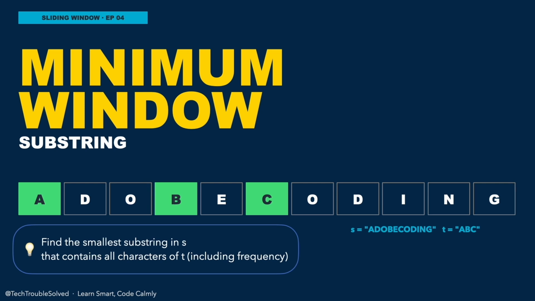I will just scan every possible substring and check if it contains all of T. Then the interviewer says S can be up to 100,000 characters. And that instinctive brute force just died. Because checking every substring of a 100,000 character string is not just slow, it's catastrophically slow. We are talking billions of operations.